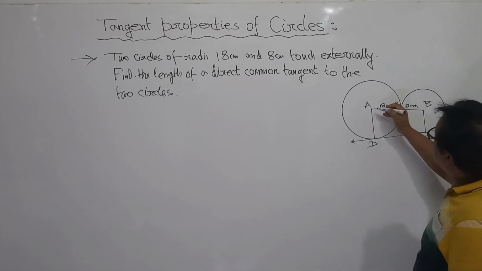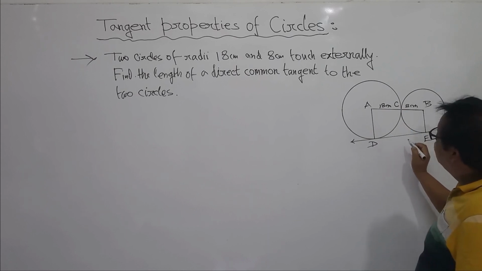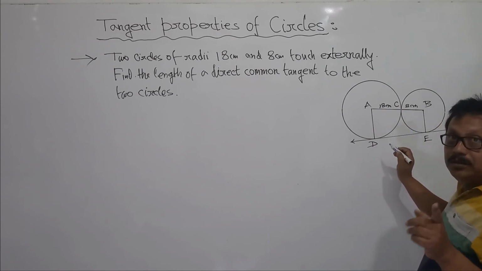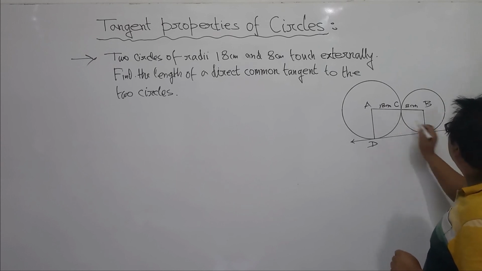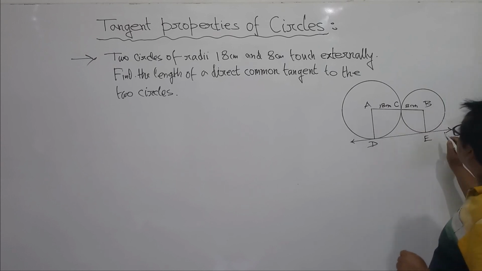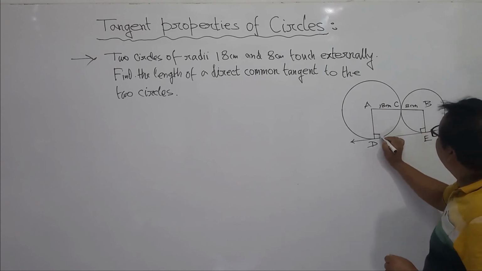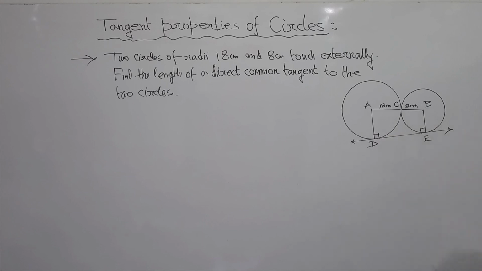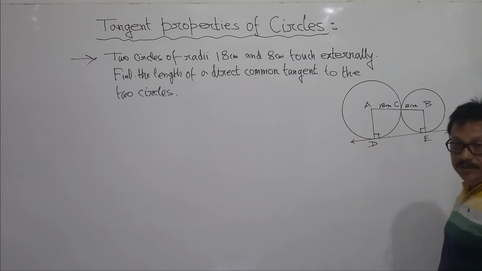And one more thing, AD is perpendicular to the tangent DE because of what? Already you learned it. And similarly, BE is perpendicular to the common tangent for the same reason. These are all right angles. Correct? Now draw one line parallel to DE.